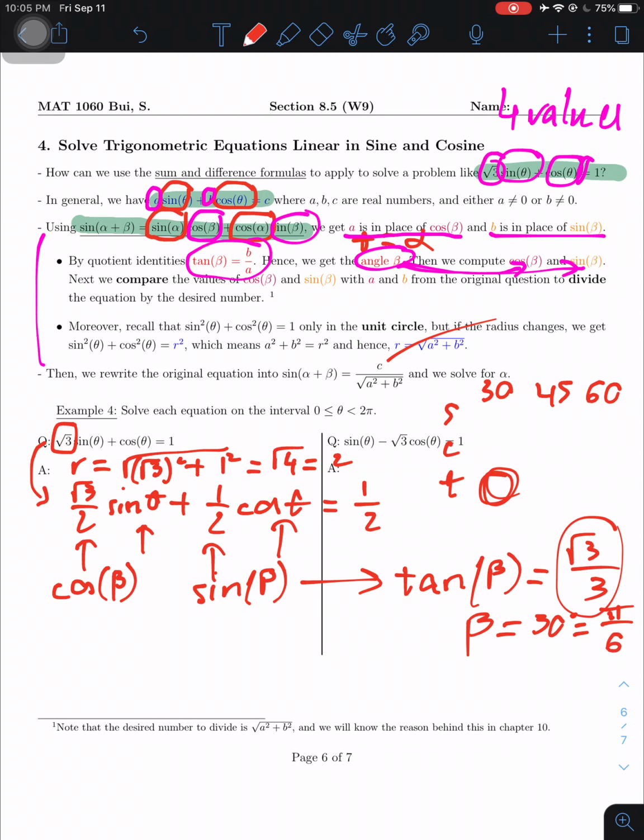Okay? And we know that sine of beta, or sine of pi over 6 in here, is this guy in here, 1/2. Cosine of beta, or cosine of pi over 6 in here, is this guy in here, square root of 3 over 2. And it matches with our expectation in here, right? So that's good.